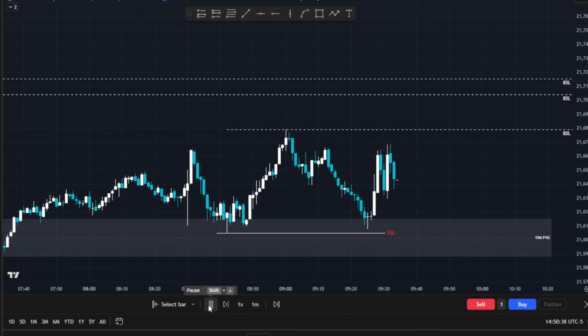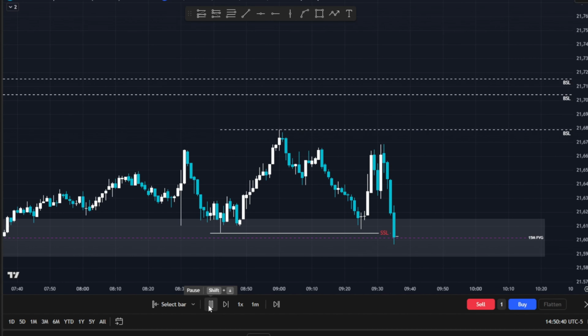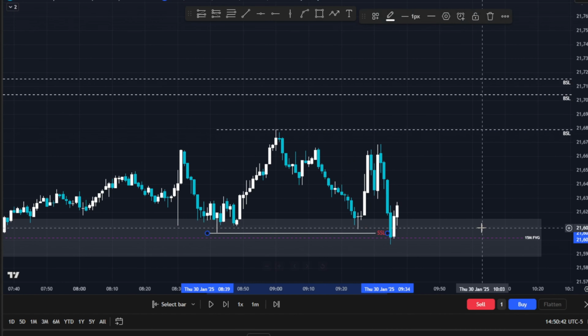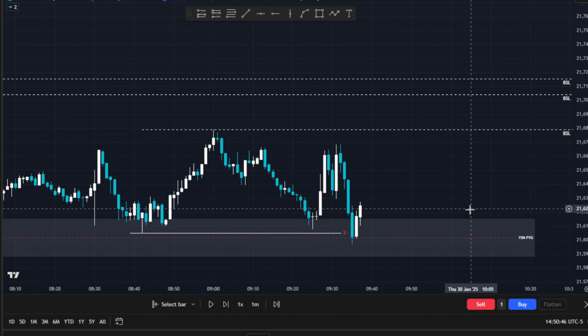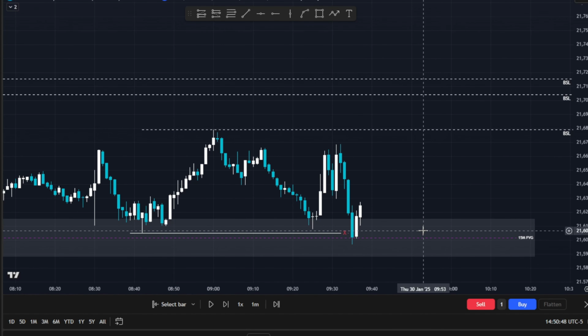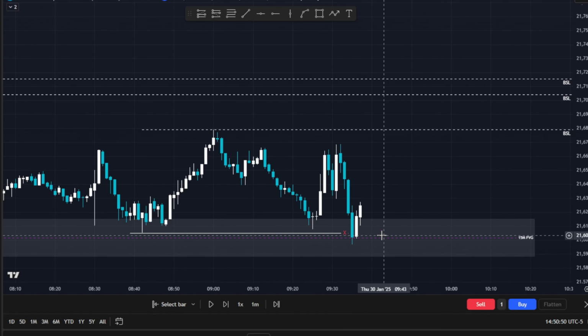Okay, you can see price has now swept the sell side liquidity right here. Once it's been swept, now we want to look for a change in state of delivery or some sort of market structure shift.